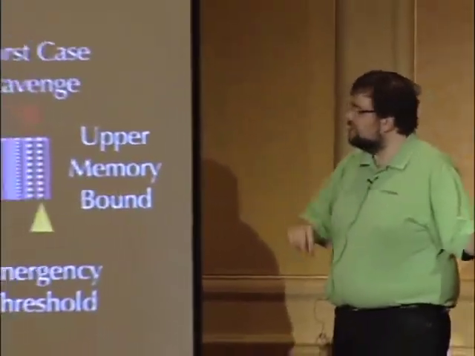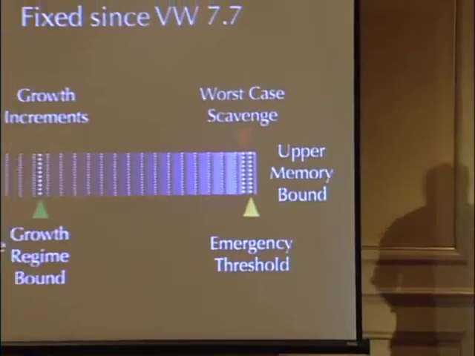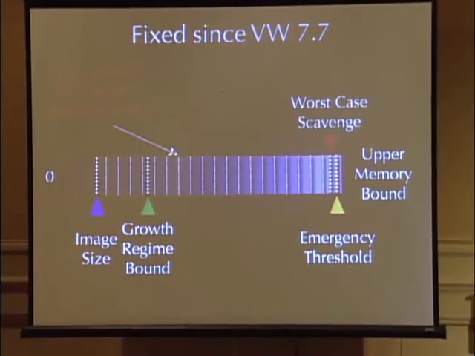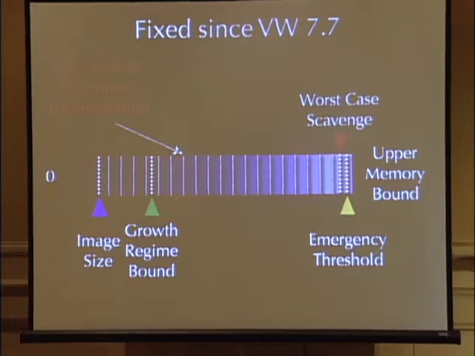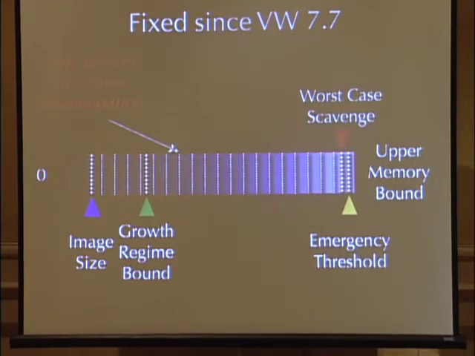Moreover, the growth increments were 1 megabyte. Great. What does that mean? Well, first we have the fragmentation problem. We had a customer that reported that they had about 200 megabytes of free memory, but they could not allocate byte array new 600,000.